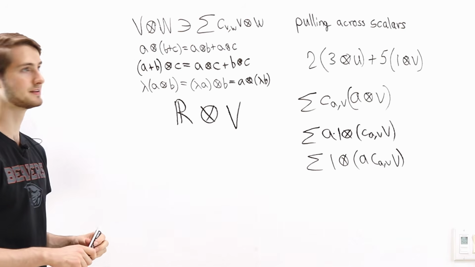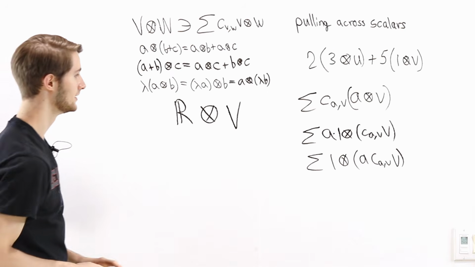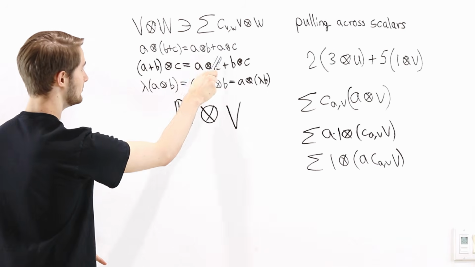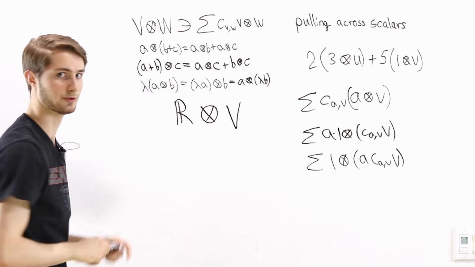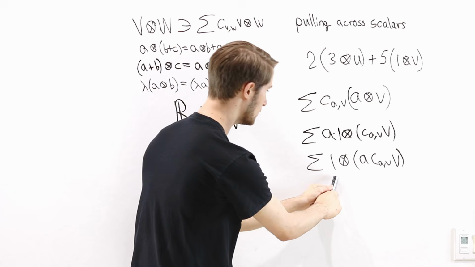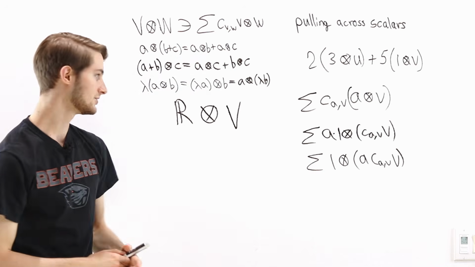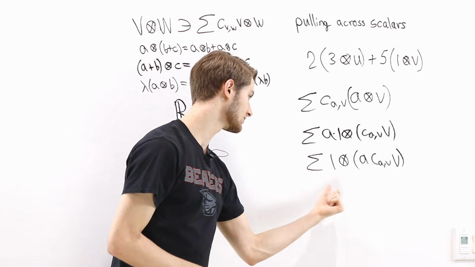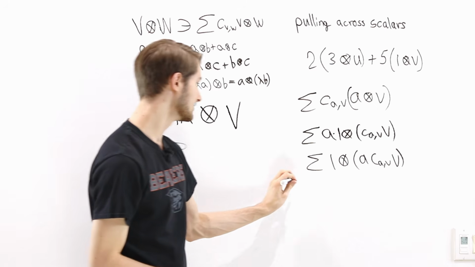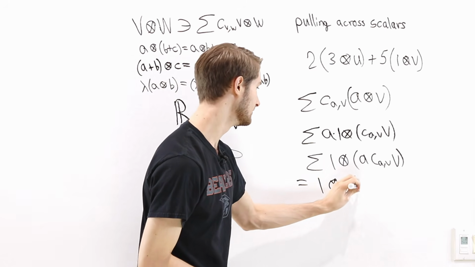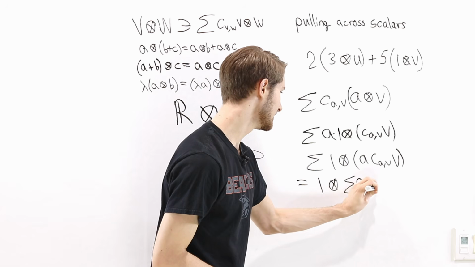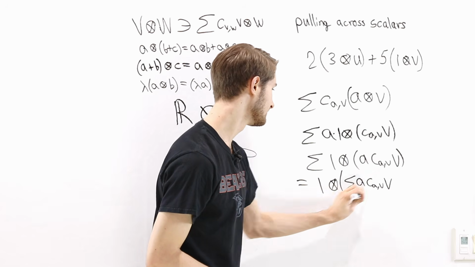And finally, remember this rule up here. If we have the same vector on the left side of the tensor, we can add the things on the right. Over here we have a 1 on the left side of the tensor. We can add all of the things on the right in this sum. So this is equal to 1 tensor the sum of a, c_{a,v} times v.